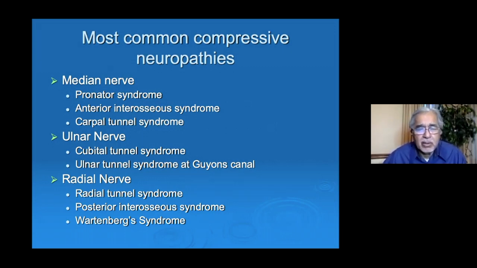And on the ulnar nerve, you can get cubital tunnel syndrome or ulnar tunnel syndrome at Guyon's canal. And on the radial nerve side, you can get radial tunnel syndrome, posterior interosseous syndrome below the elbow, and Wartenberg syndrome, which is in the radial cutaneous nerve in the forearm.